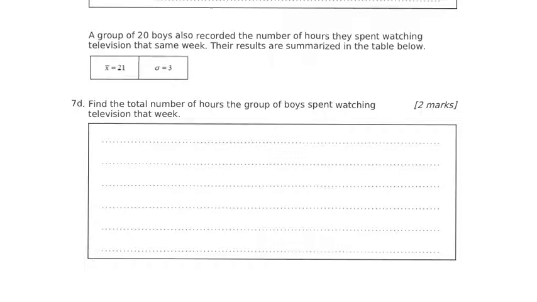Well, we can use the mean for this. So the mean is the sum of x over n. Well, we know that that is equal to 21. So therefore, if we substitute the rest in, we know that the sum, the number of boys is 20.